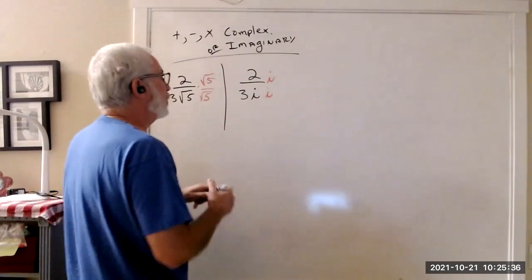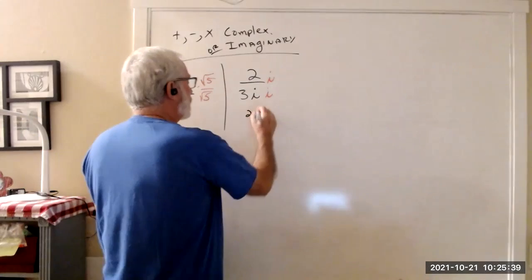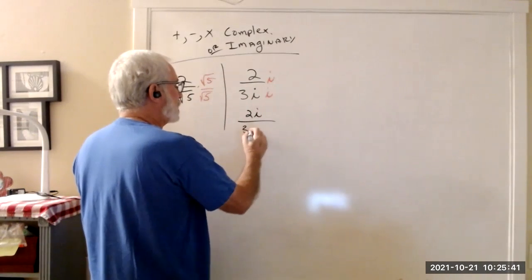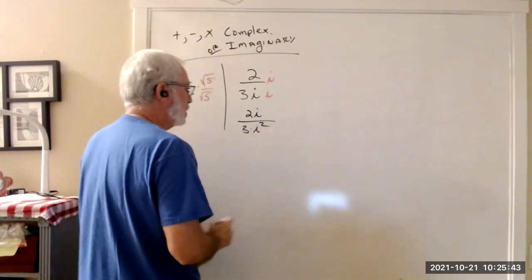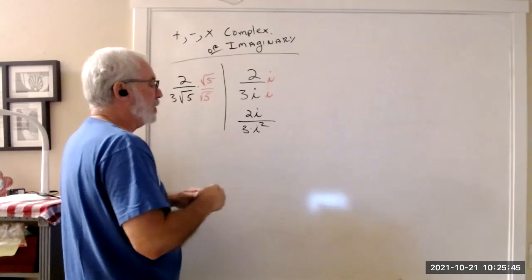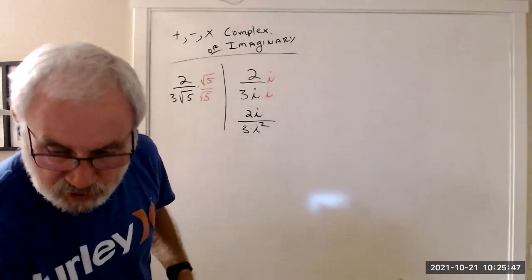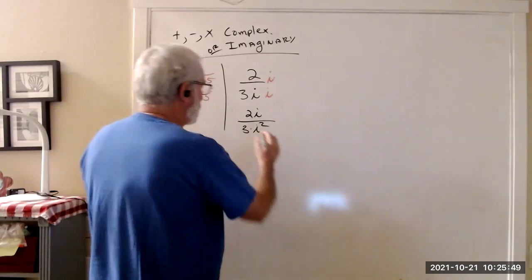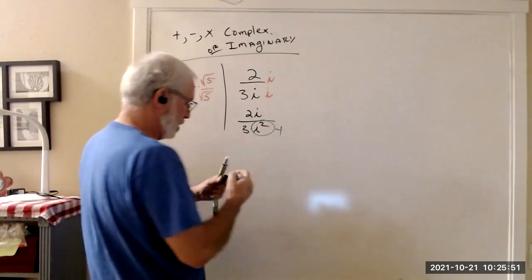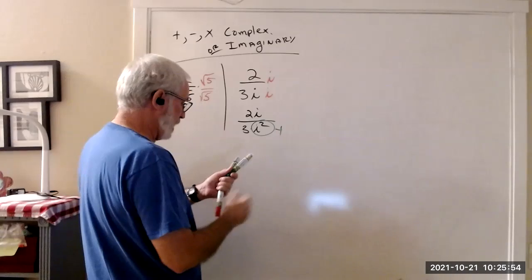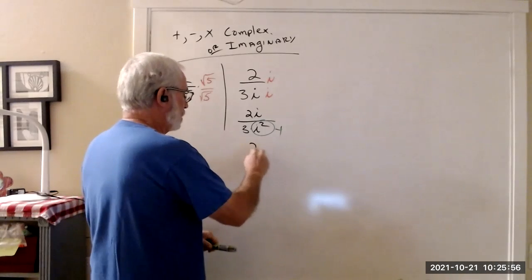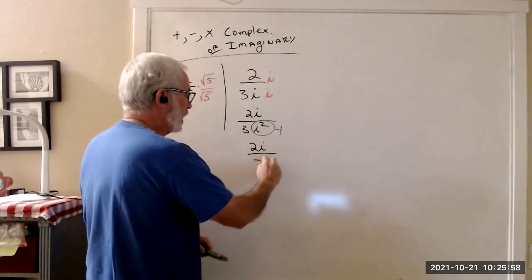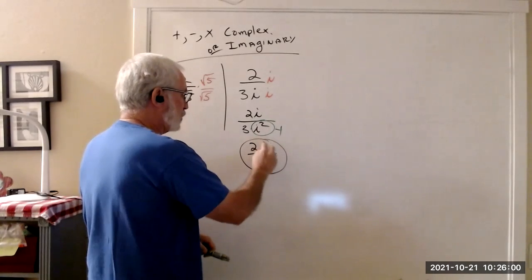Over here, this gives me 2i over 3 times i squared. But we know that i squared is -1. So this becomes 2i over -3. And that's your final answer.